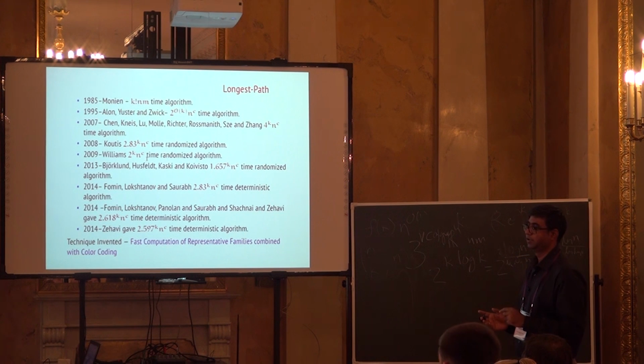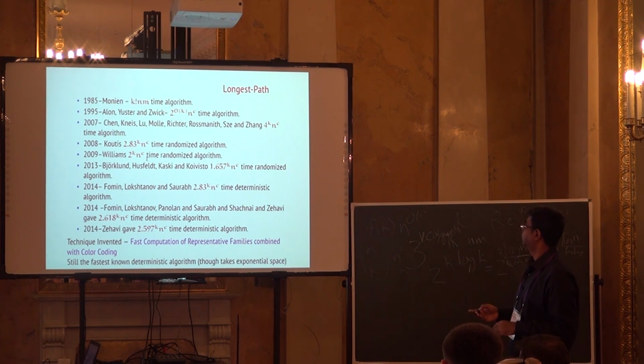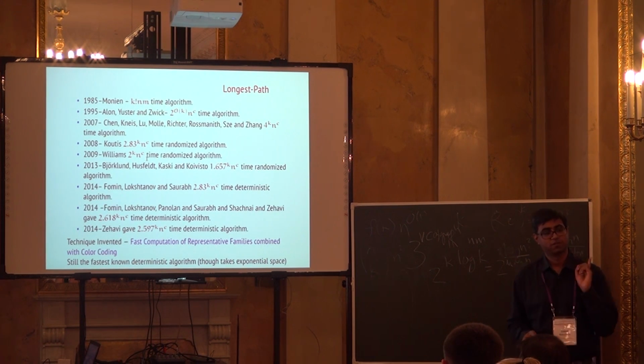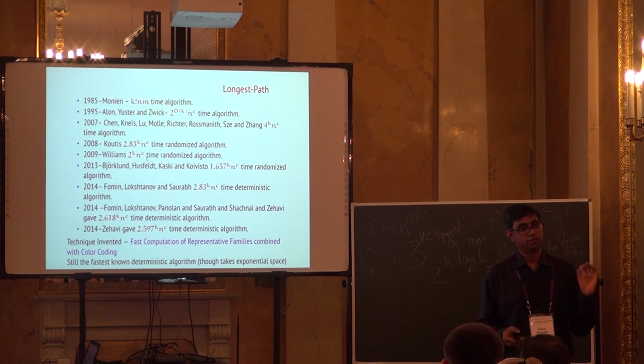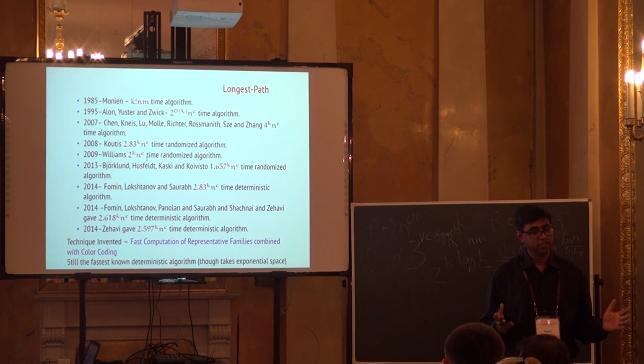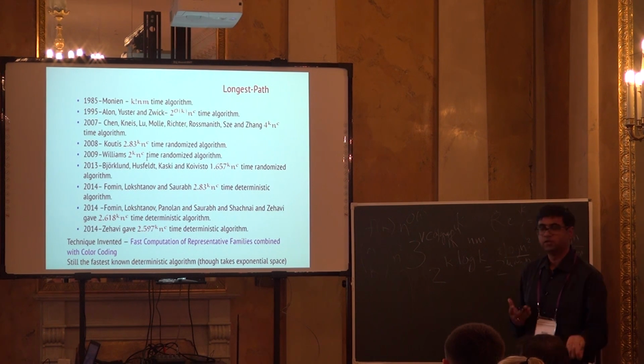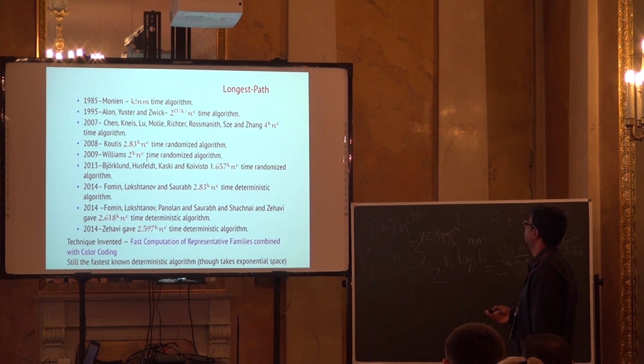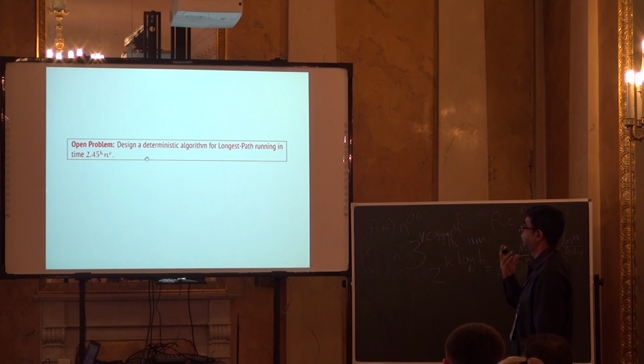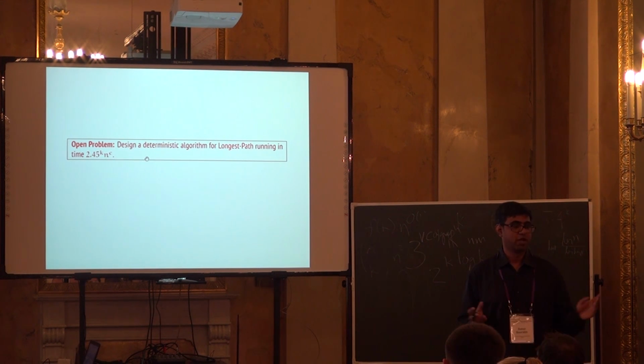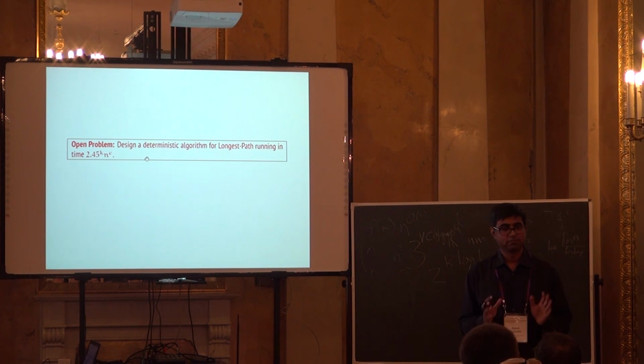And it uses exponential space. It is still the fastest known deterministic algorithm, though it takes exponential space. All these algorithms based on representative families take exponential space, as we will see why in this set of lectures. Okay, so 2.45 is just my arbitrary number, not something I thought carefully about.